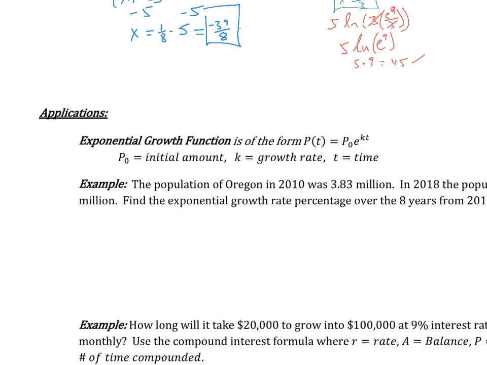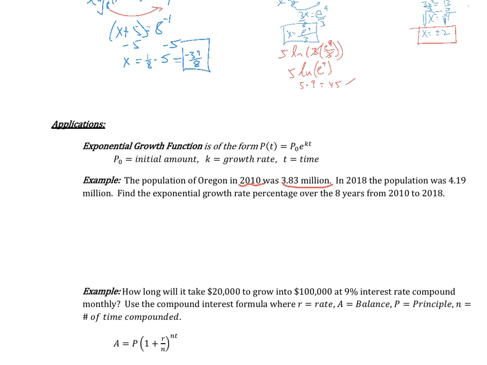The population in Oregon in 2010 was 3.83 billion, and in 2018, the population was 419 million. So let's find the exponential growth rate over the 8 years there. Let's plug that all in. What we don't know is k.